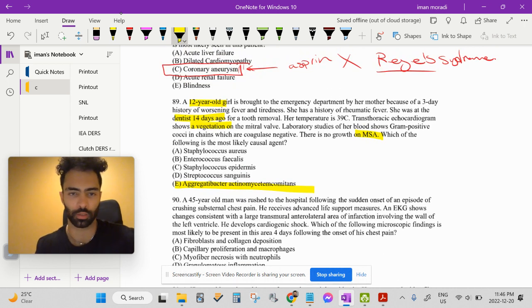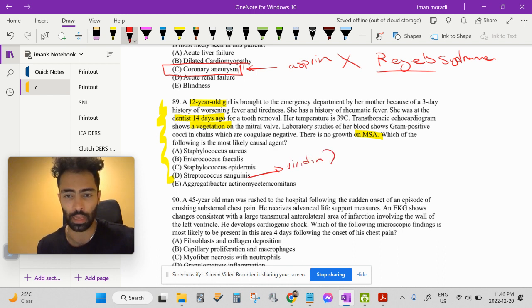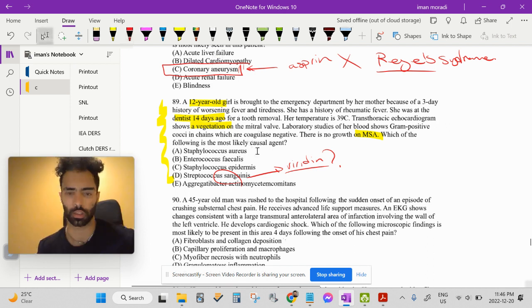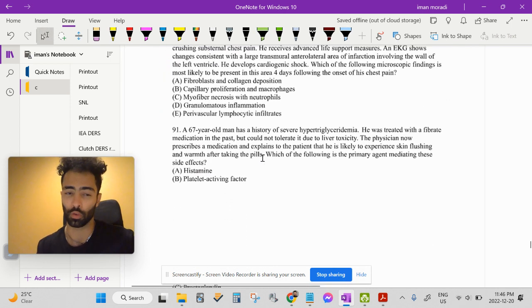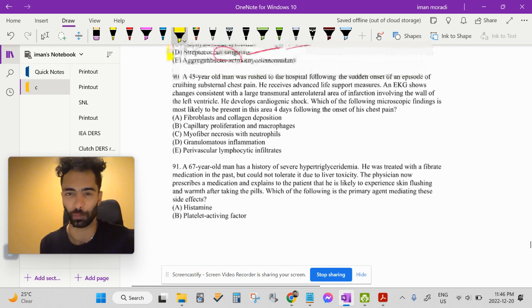Look, I don't know what's going on here. But if sanguinis is the same as viridans, I don't know the new name. It could be bovis. If it's viridans, it's found in the oral cavity, and that's where you get the endocarditis. If it's bovis, I don't know. It shouldn't be bovis.